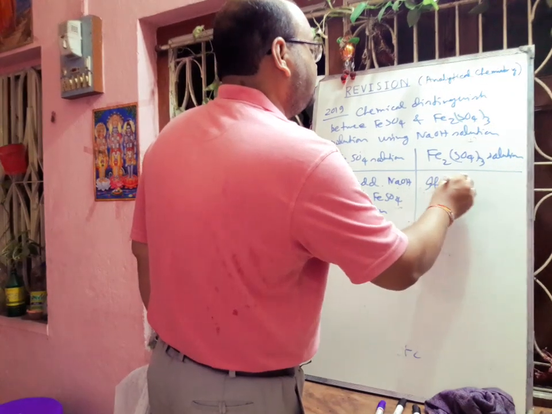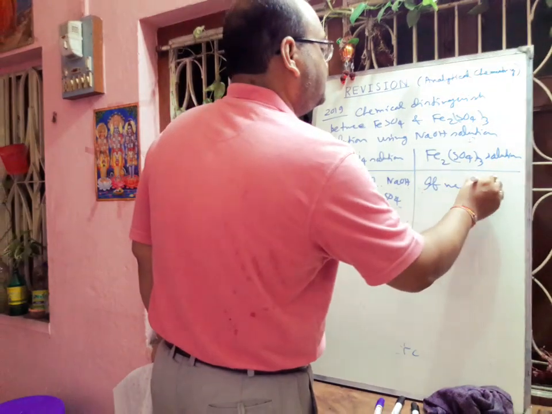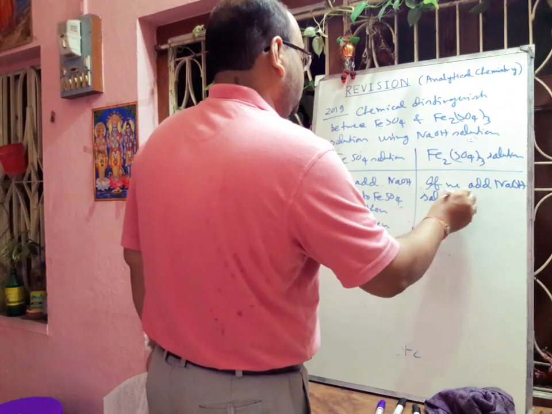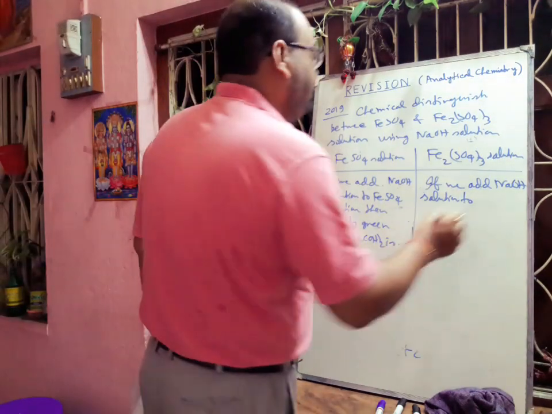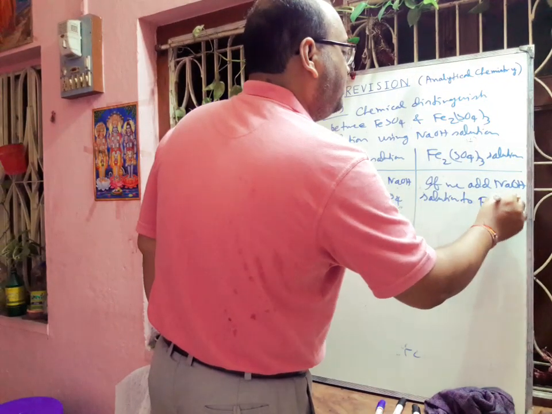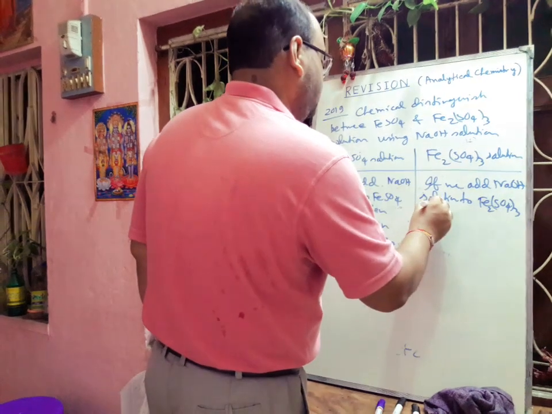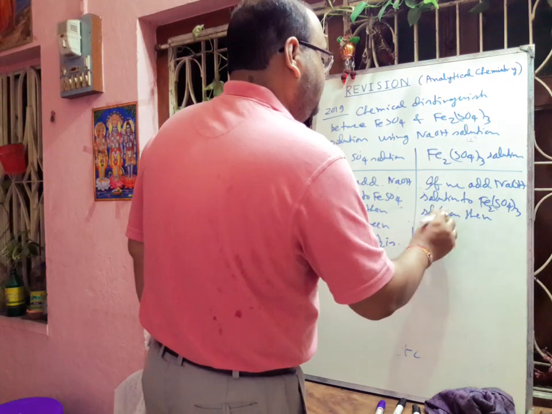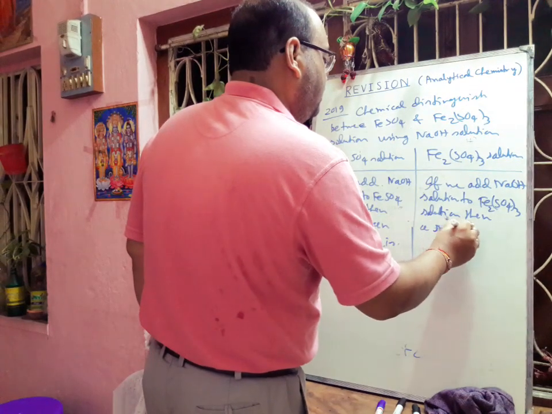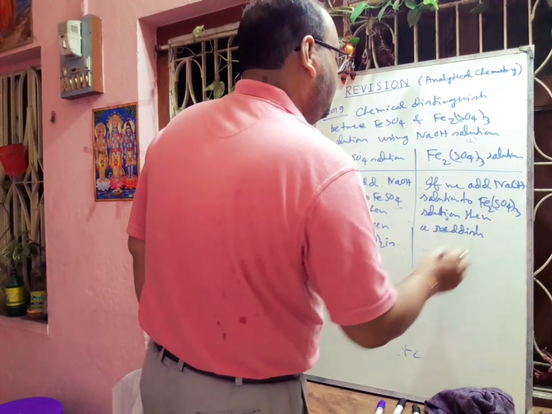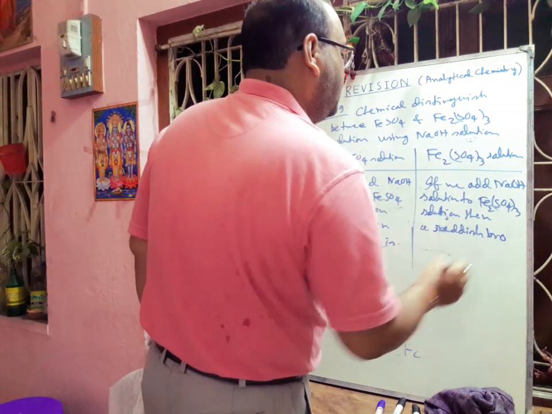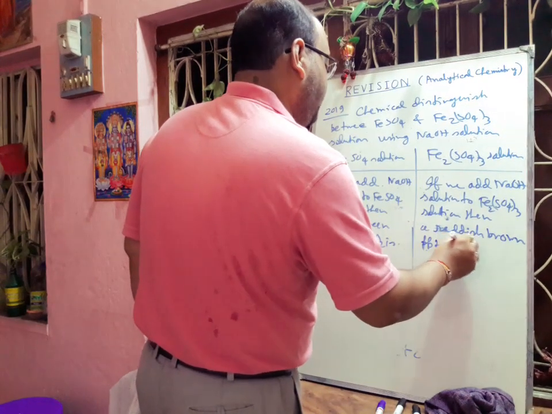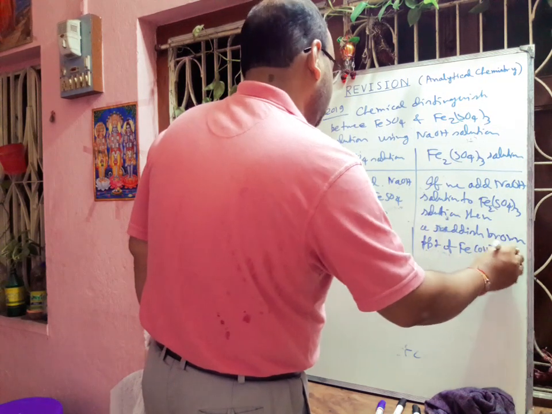But if we add NaOH solution to ferric sulfate solution, then a reddish brown precipitate of ferric hydroxide is formed.